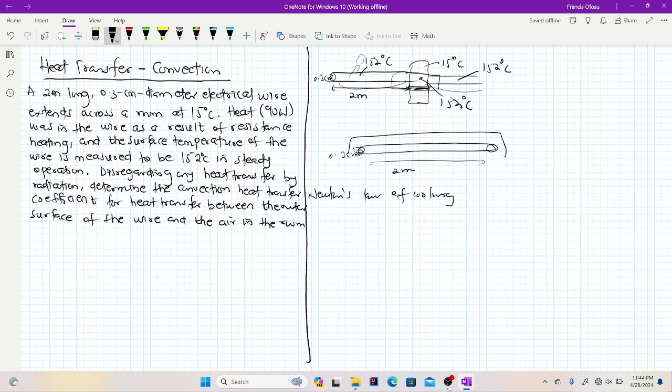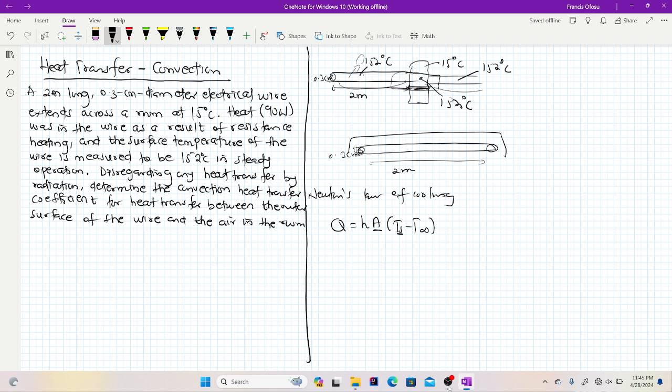Newton's law of cooling states that Q is equal to hA multiplied by (Ts minus T infinity). Here h represents the coefficient of heat transfer, A represents the area of heat transfer, Ts is the temperature of the surface which is losing the heat, and T infinity refers to the temperature of the fluid.